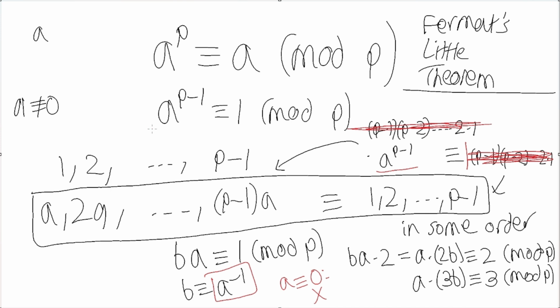And in fact, this more general version of Fermat's little theorem, or I guess more specific version, does not hold when a equals 0. But this is the version we're going to be working with the most often, so it's important to know this form here, that a to the p minus 1 is equivalent to 1 mod p when a is not divisible by p.